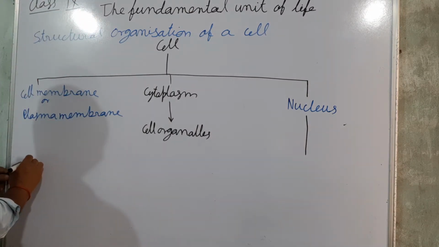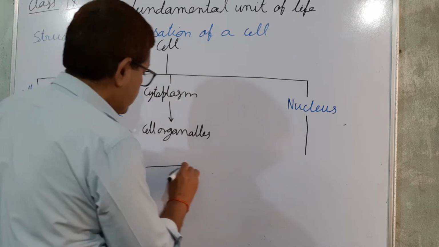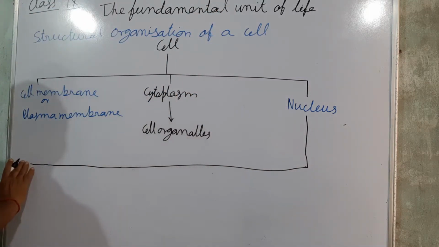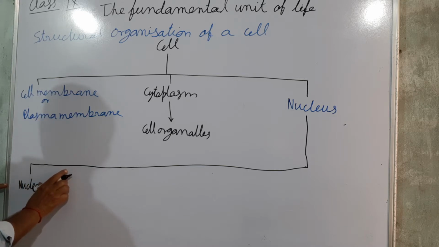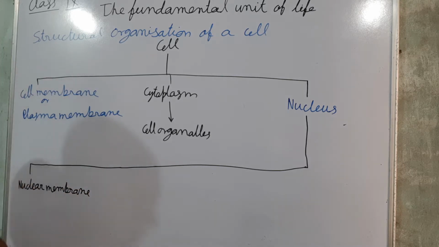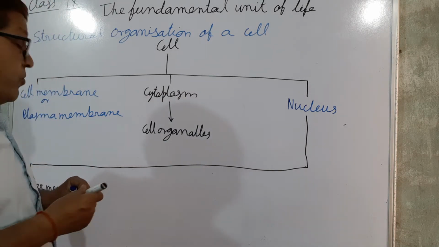The first part is the nuclear membrane, which makes the outermost boundary of the nucleus.